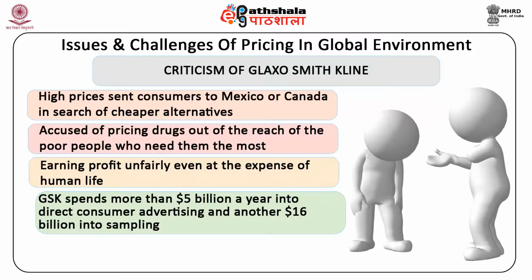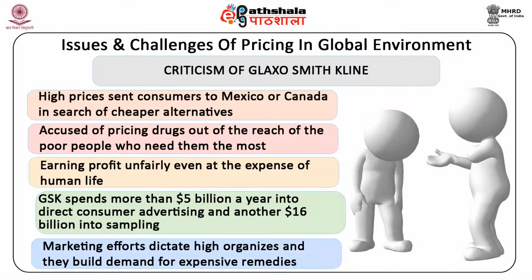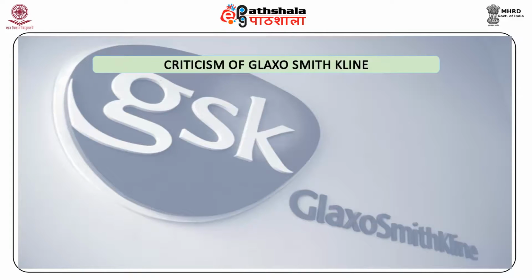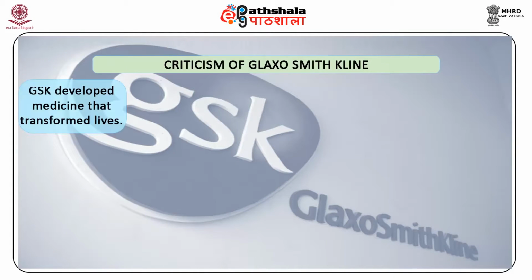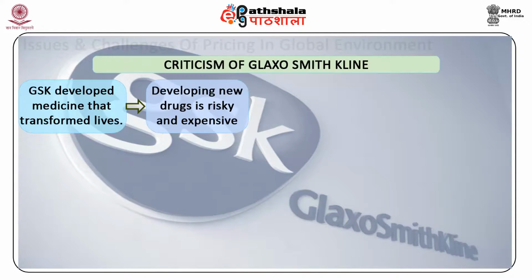GSK spends more than $5 billion a year on direct-to-consumer advertising and another $16 billion on sampling. GSK has developed a steady stream of medicines that transform people's lives. Developing such new drugs is a risky and expensive endeavor.